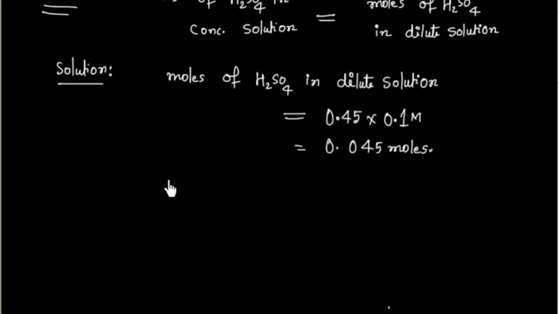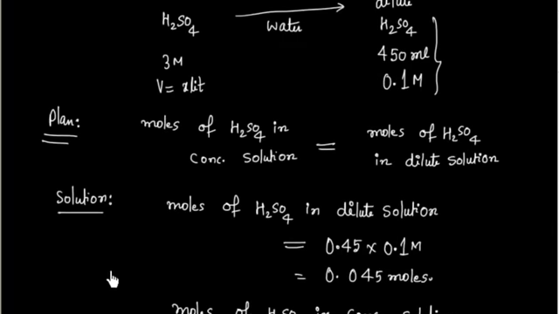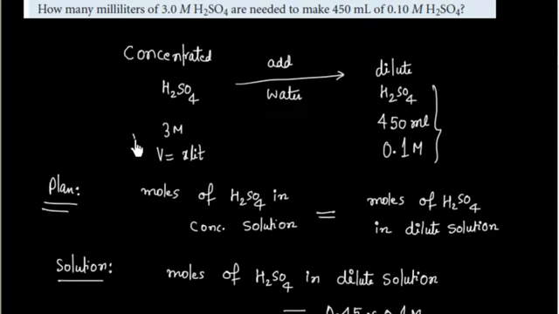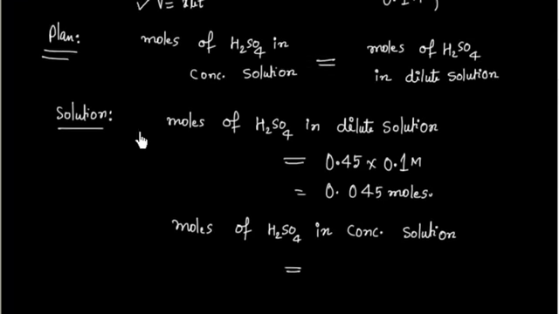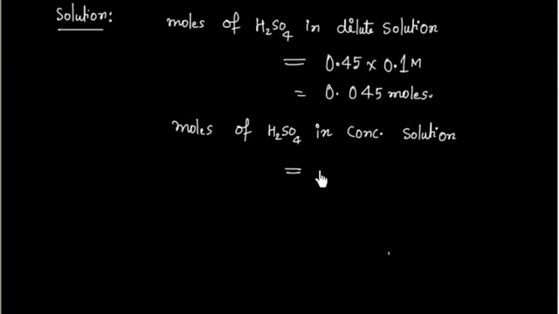We can calculate moles of H2SO4 in concentrated solution, and this is equal to molarity times volume. Molarity is 3 M and the volume is x liter. So 3 into x, this is the initial moles.